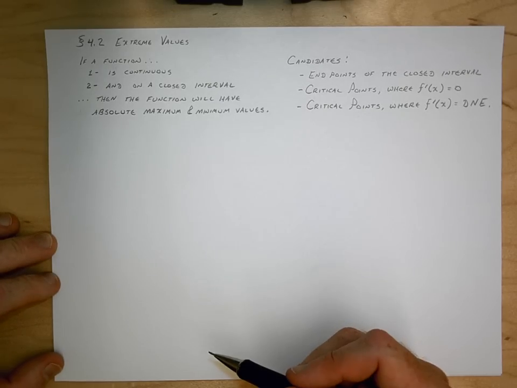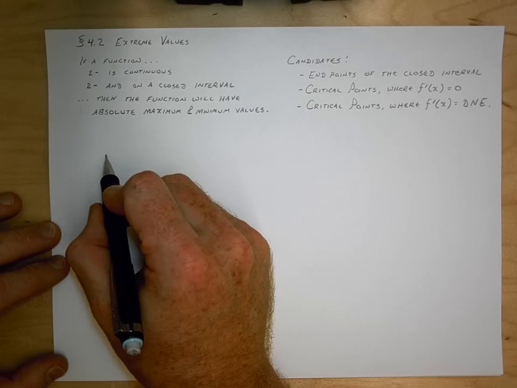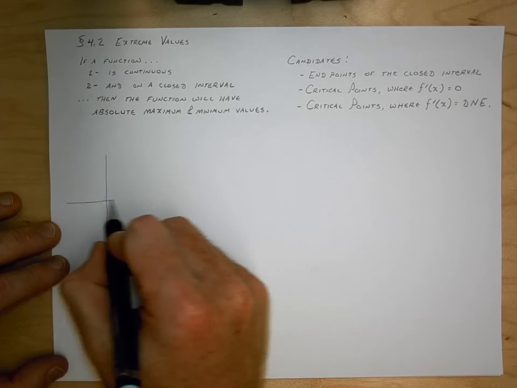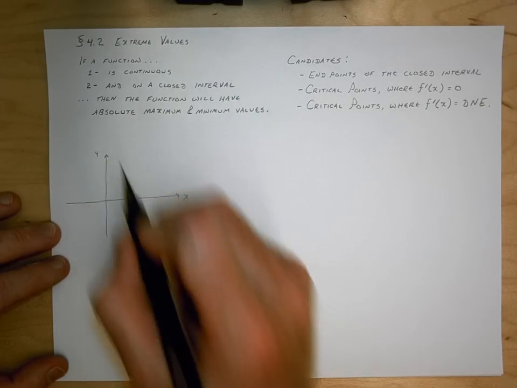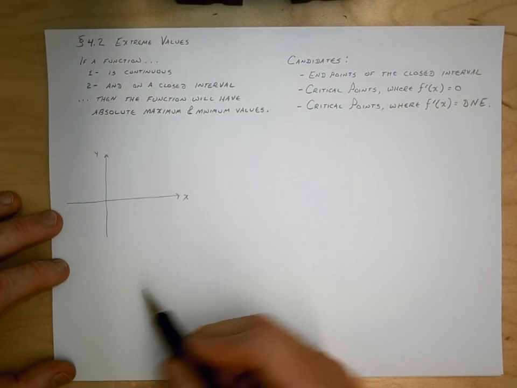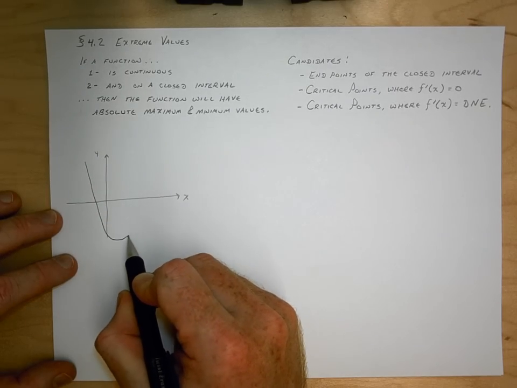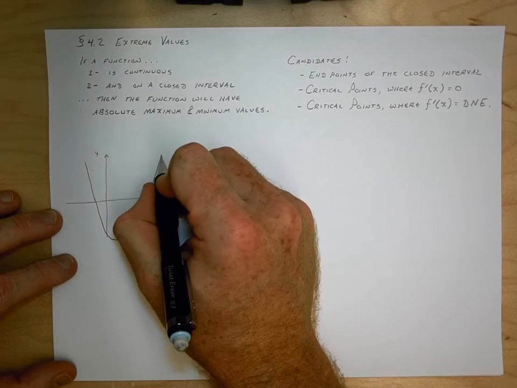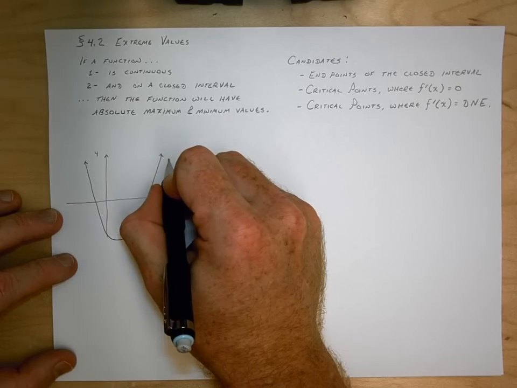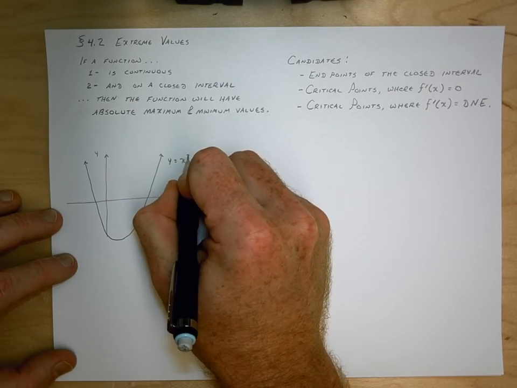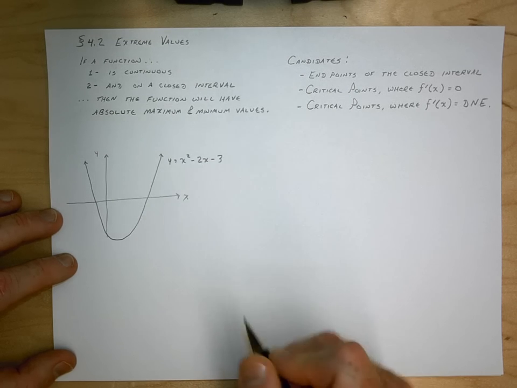Let's do a couple of easy examples just to get a feel for how this stuff works in real problems. So let's start with a simple parabola. This is y equals x squared minus 2x minus 3.